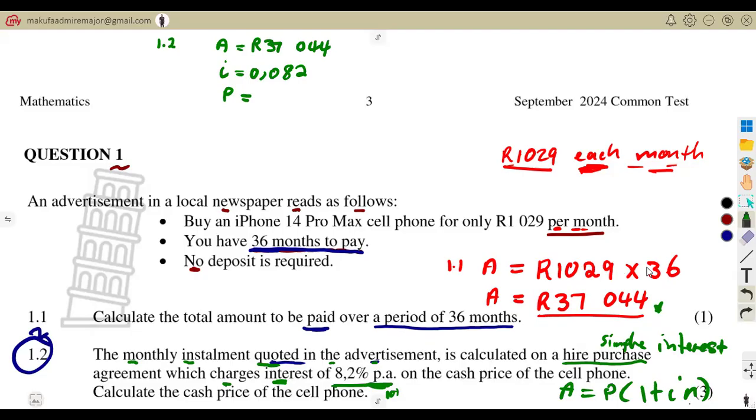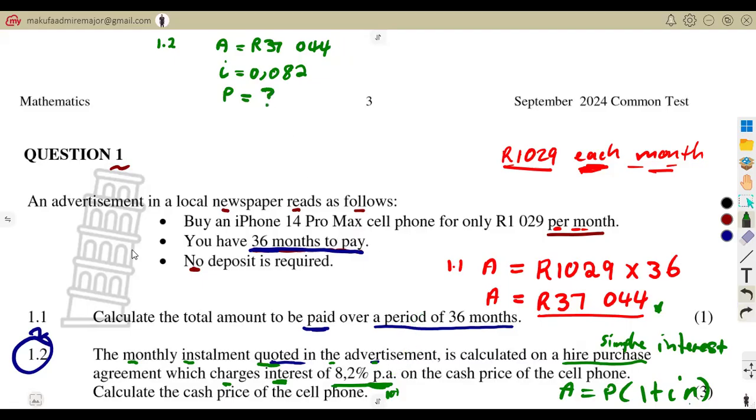So what was the initial amount of the cell phone before the interest was paid? Remember, when you're dealing with hire purchase, they put an interest there. So what was the principal, the money that was supposed to be used to buy this iPhone? Because this amount carries an interest in it.